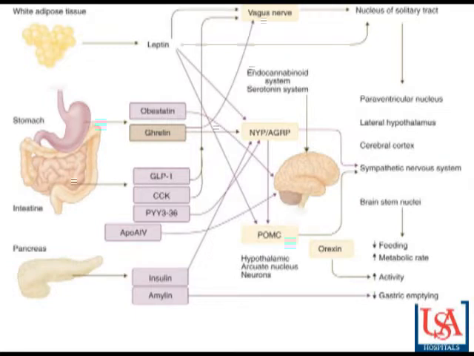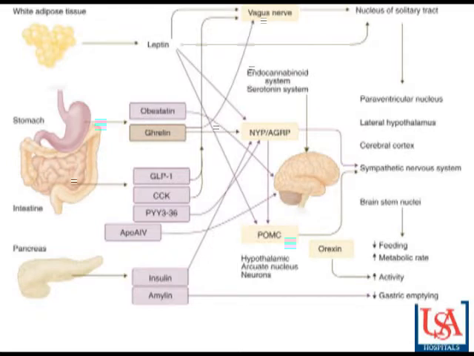So the stomach secretes a number of peptides. We're going to concentrate looking at ghrelin. But even fat secretes leptin. So if you have leptin deficiency, you're massively obese because your body is being told to eat. It's amazing how a defect in fat producing leptin can cause this.